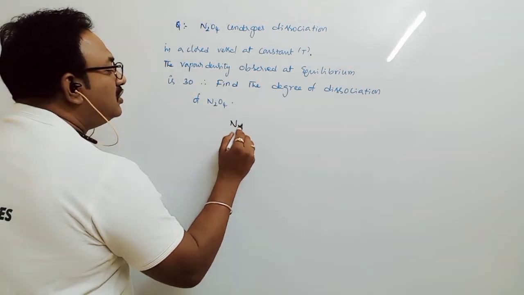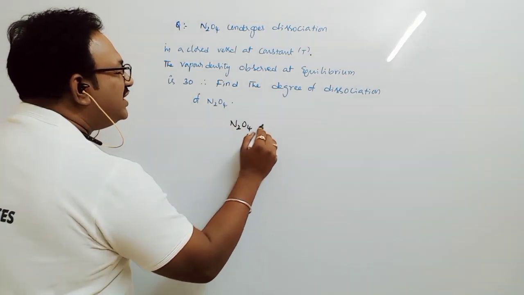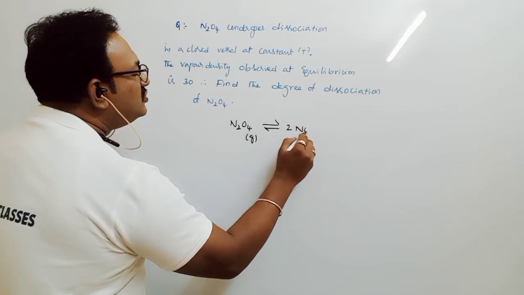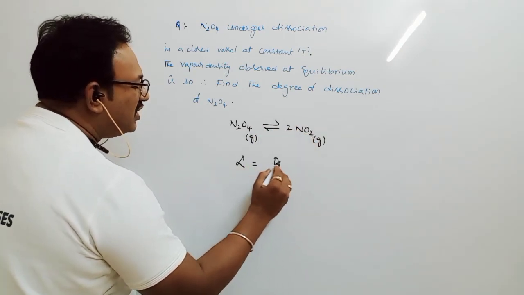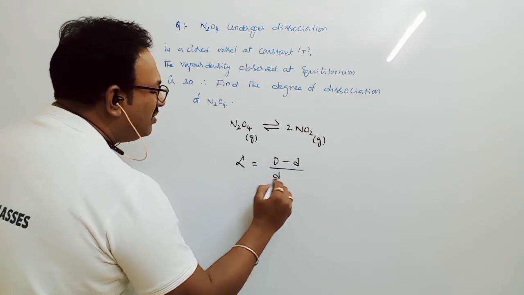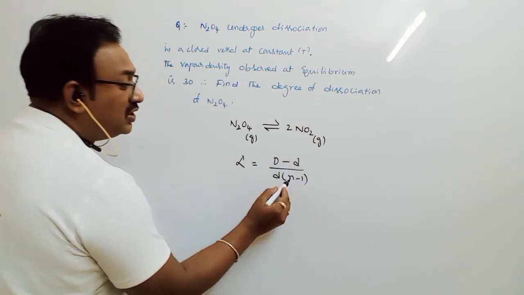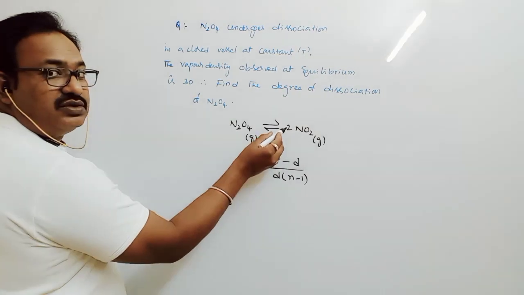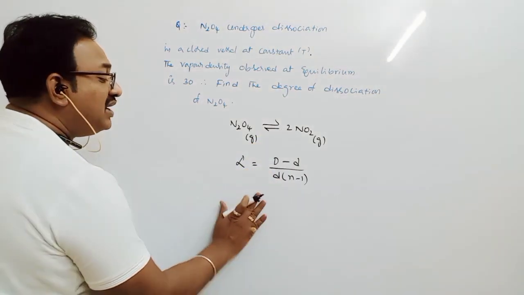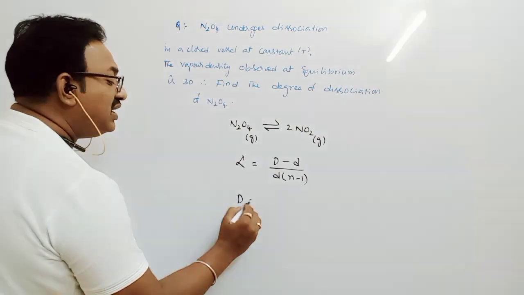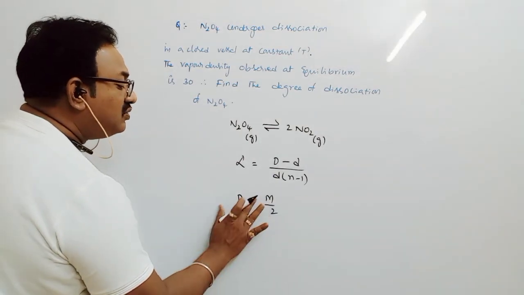So the equilibrium required here is N2O4 gives rise to 2NO2 gas. So I have already told you a formula: capital D minus small d by small d into n minus 1. So small n means two chemical species are formed. So first capital D, so capital D is equal to molecular weight by 2.